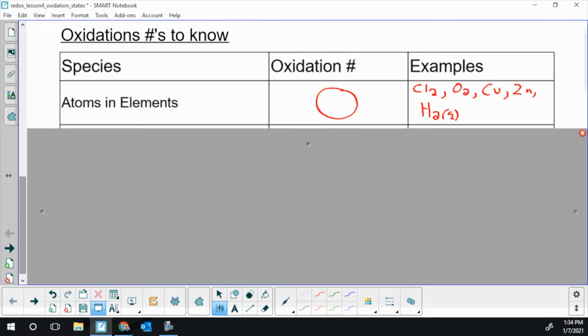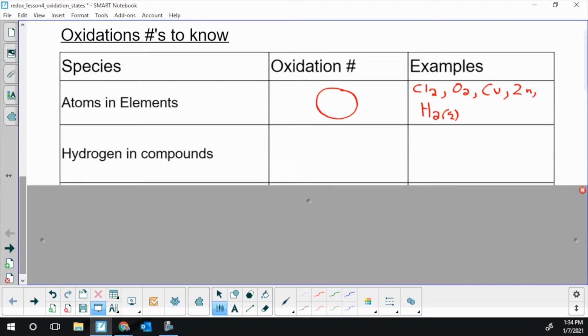The second category we're going to deal with is hydrogen, and then we'll move on to oxygen. They show up a lot, and they have nice repeating patterns that really help us. Hydrogen, in compounds, so that would be something like hydrogen with at least one other element.